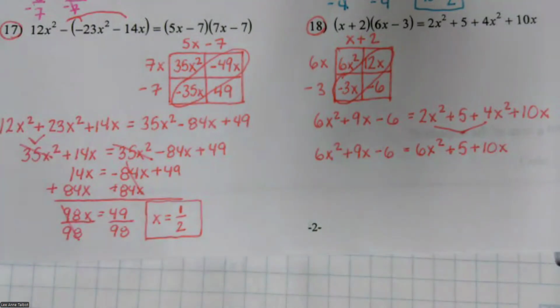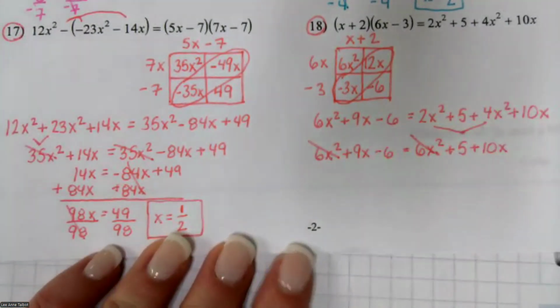Anybody see my good news? Yep, 6x squared is a match, which means they can cancel.